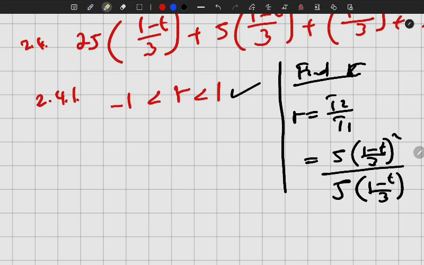You're going to see here the magic, that and that cancel out. We're dividing the same bases, 1 minus t over 3. Subtract the exponents, you're going to get 1. We're left with 1 minus t over 3. That is our r value.